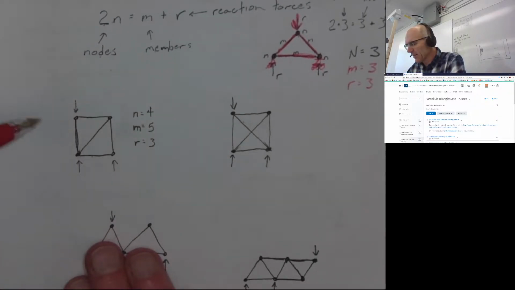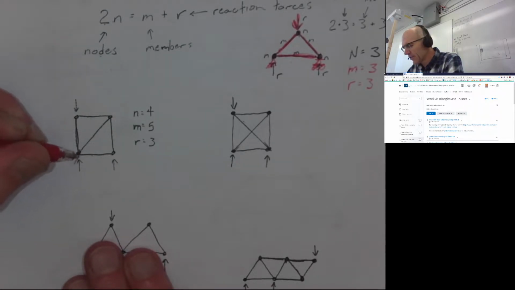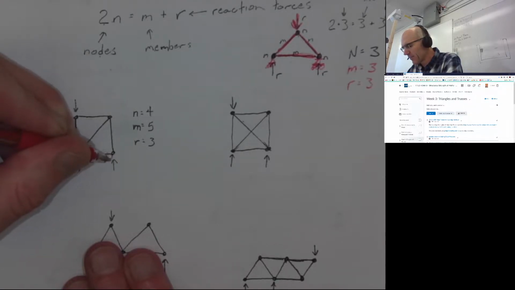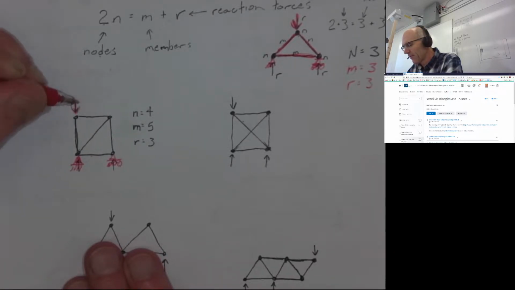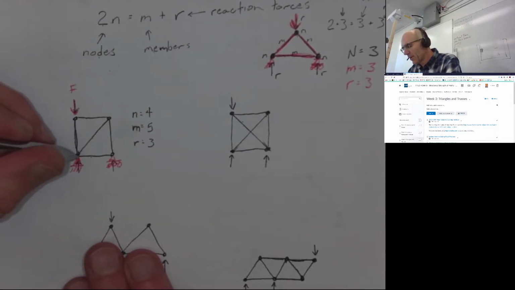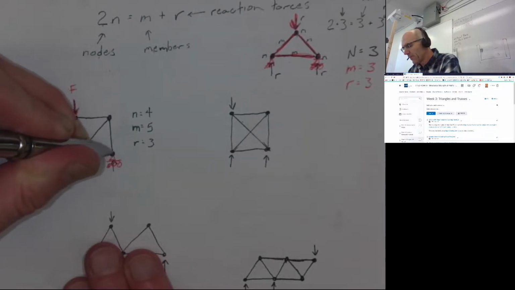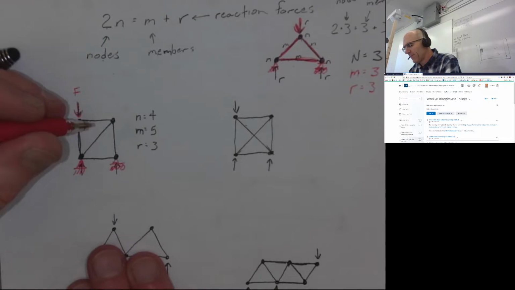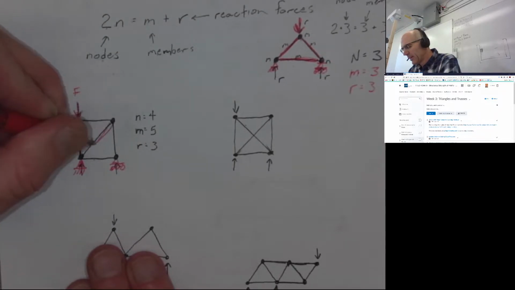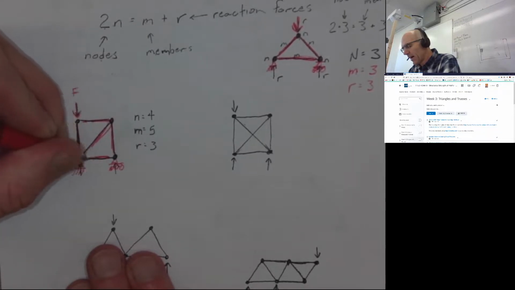Okay, so let's take a look at this one right here. This truss has reaction forces right in here. So we'd have that one hooked up to ground, that one resting on the rollers, and we'd have a force applied right there. So when I do my counting, I've got 4 nodes, 1, 2, 3, 4. I've got 5 members, 1, 2, 3, 4, 5 members.